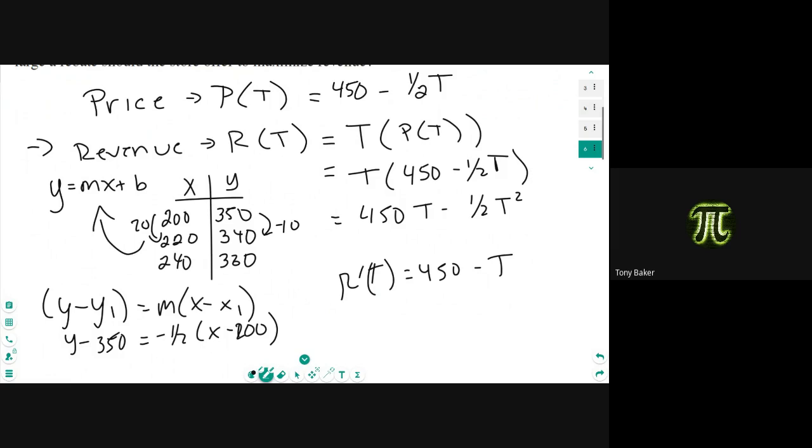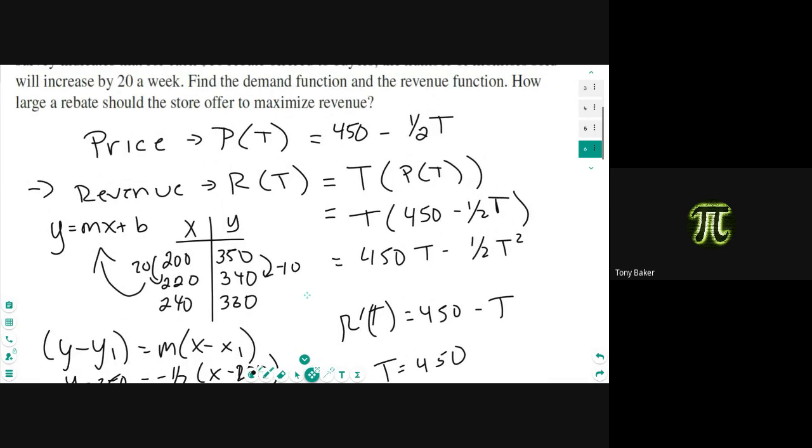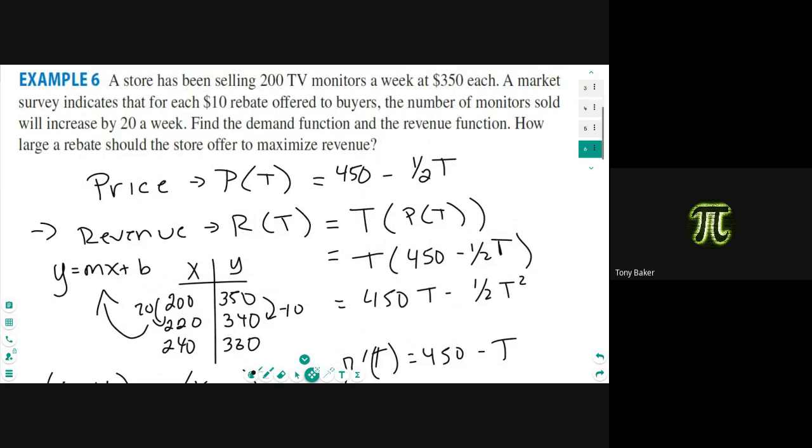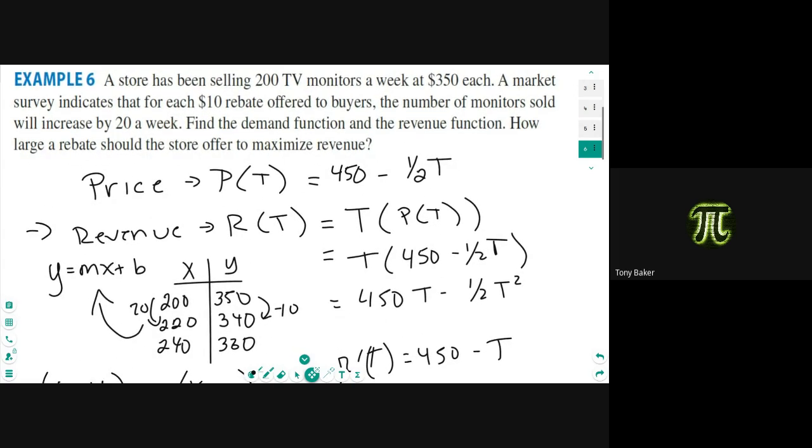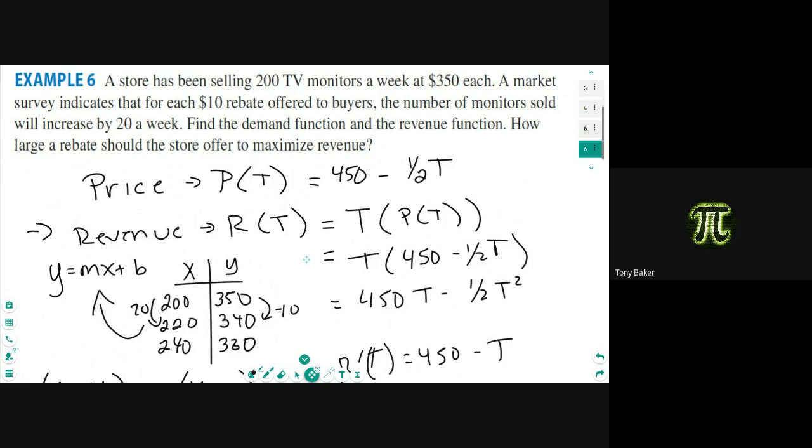Okay. So 450 TVs. So that means my price, I'm selling how many more TVs than I was selling? 250 of them? I was selling 200, now I'm selling 450, so 250.